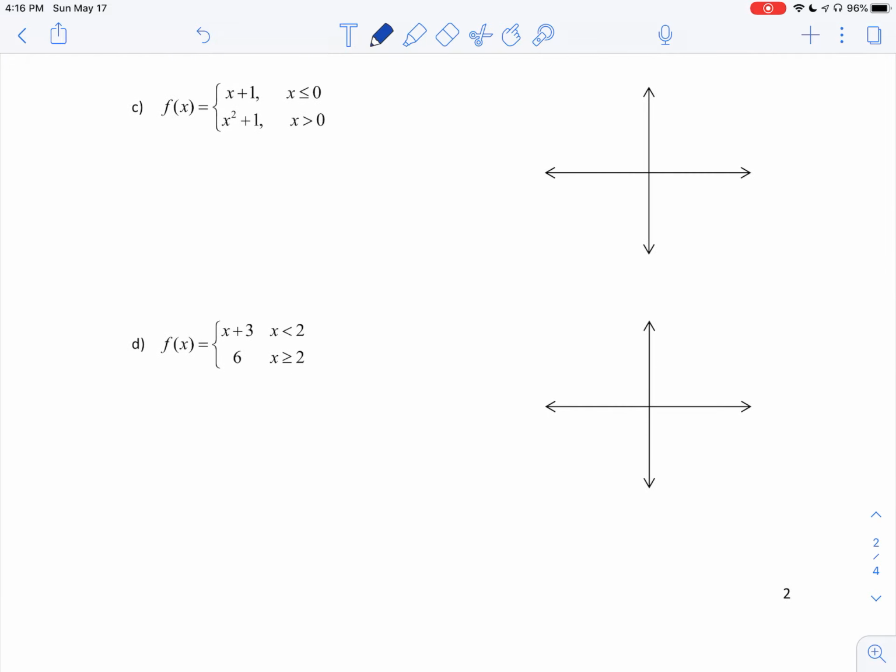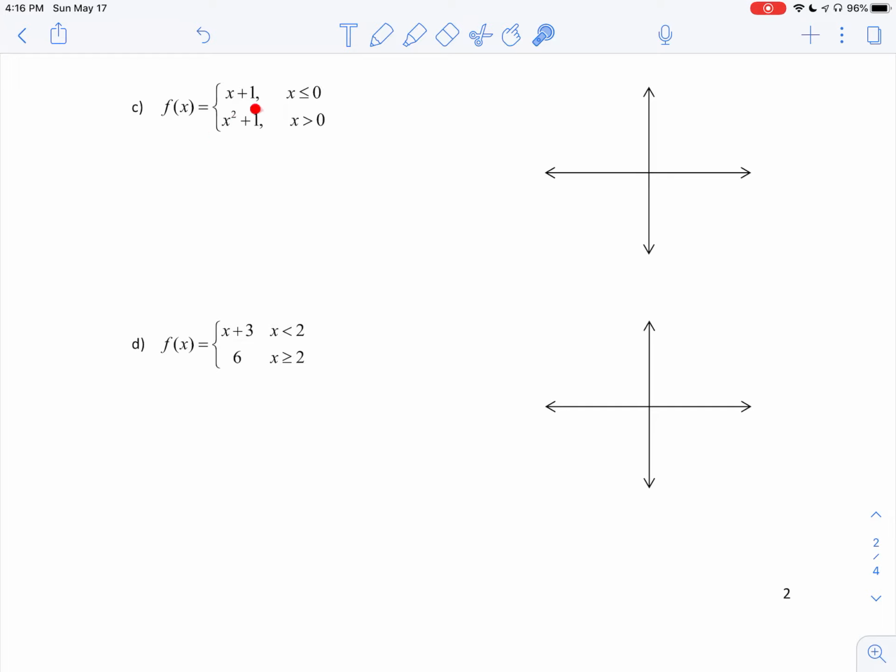All right, next we have a piecewise function. So with our piecewise function, I'm going to think about what the two pieces are composed of. So the first equation that defines this function is linear. Well, if you think about a linear function, there's never going to be any asymptotes, there's never going to be any holes. So this piece of it itself would be continuous everywhere.